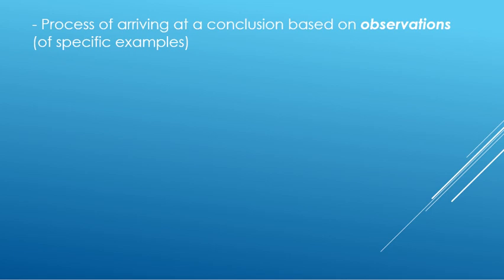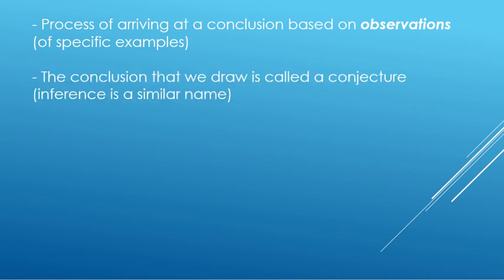We're coming to some conclusion based on what we see happening. The conclusion that we draw is, in the mathematics world, referred to as a conjecture. You've probably heard the word inference. That is a name that you could use as well. That's a word that we're probably more familiar with.